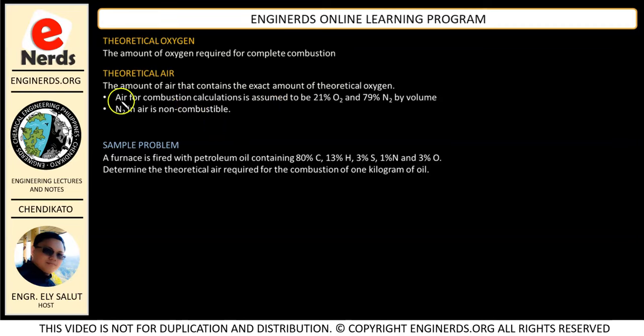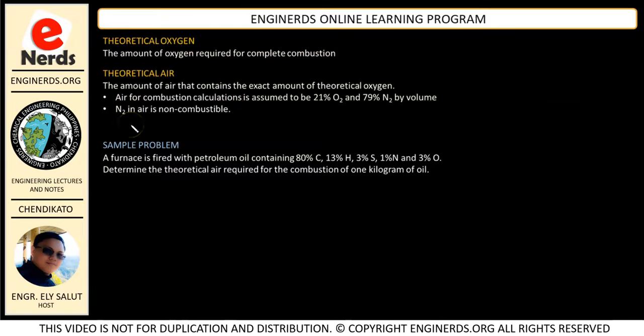And then, ano ba yung theoretical air? It is the amount of air that contains the exact amount of theoretical oxygen. So, kung nakuha na natin kung gaano karaming oxygen ang kailangan natin, so we're going to calculate kung gaano karaming air ang dapat nating isupply base sa theoretical oxygen. Okay, kasi malalaman natin doon kung gaano karaming air ang equivalent ng nakuha nating theoretical oxygen.